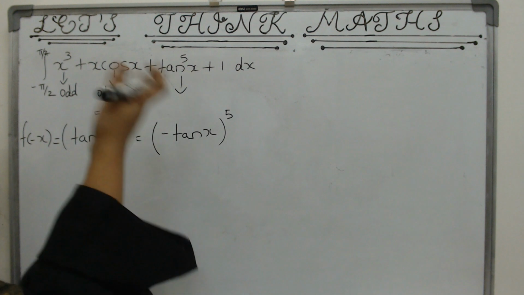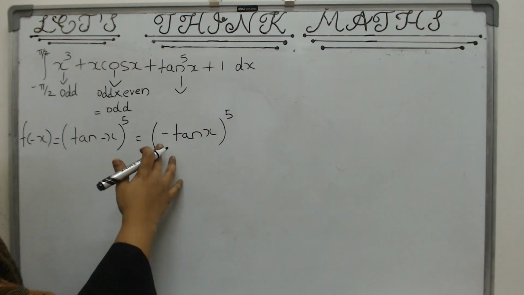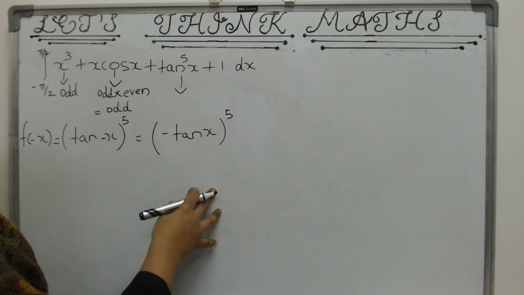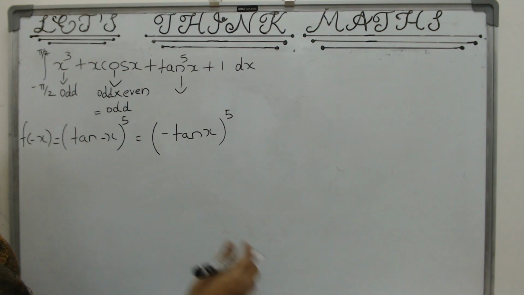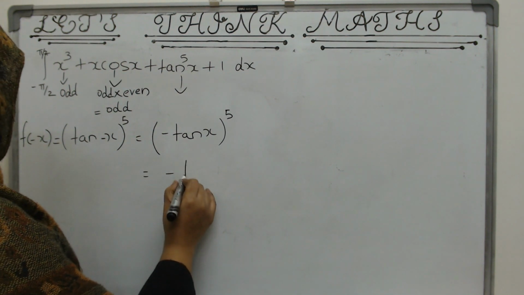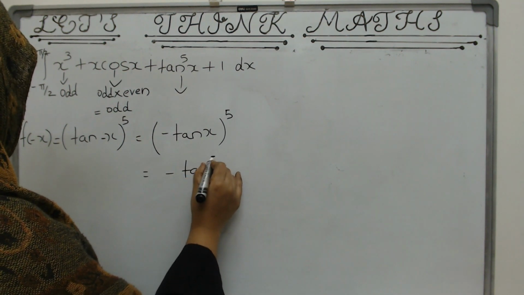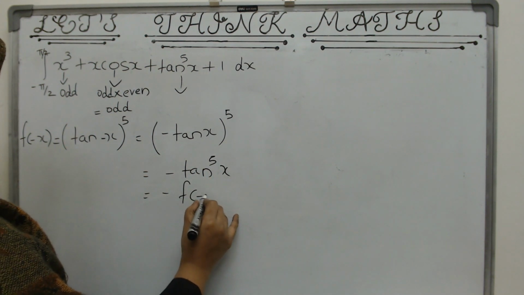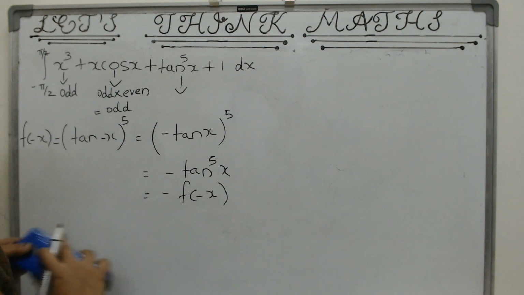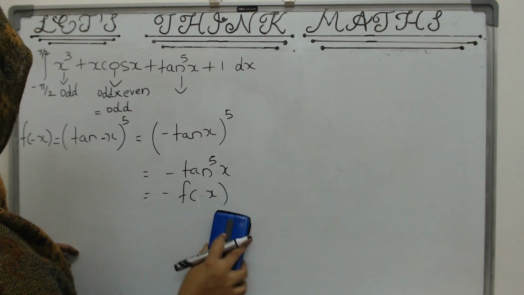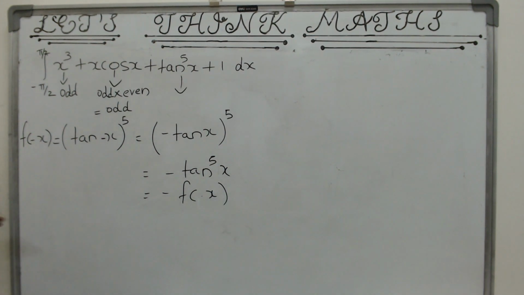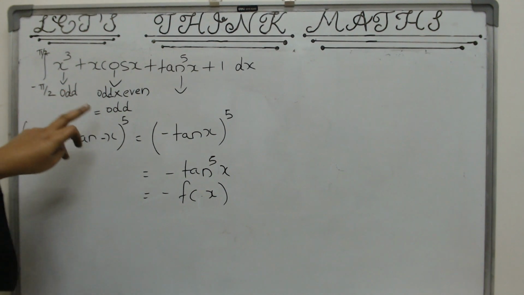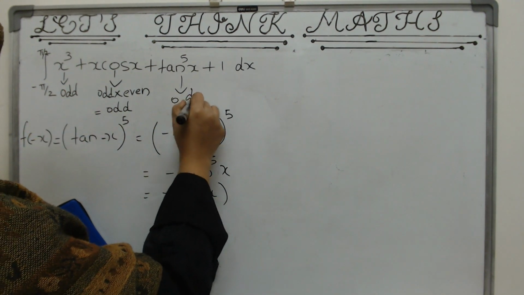Forget tan x, take any number, just take 1. So minus 1 raised to 5. Minus 1 multiplied 5 times will again be what? It will again be minus 1, right? So the minus sign is retained. That means what? This is also an odd function. So the first function is odd, the second is odd, and the third is also odd.